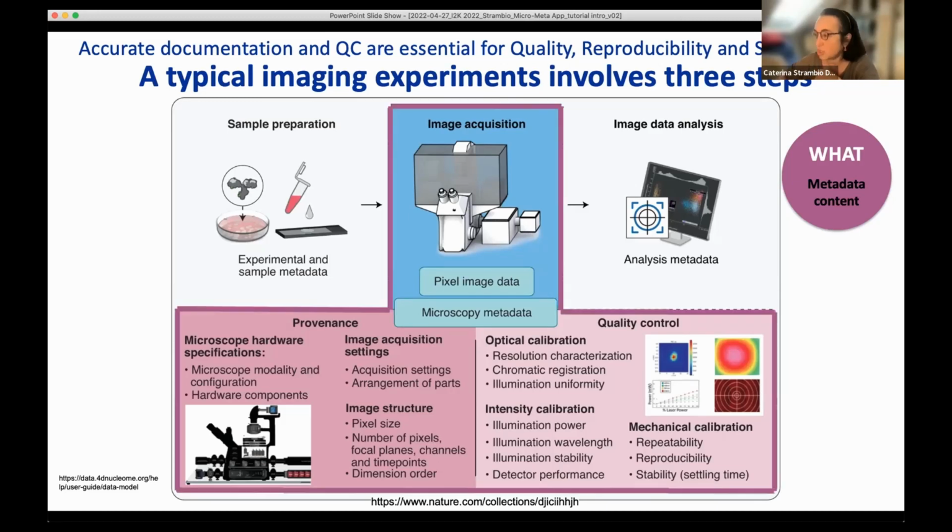So we are only concentrating on the microscopy metadata part of a larger set of metadata, which we call image metadata. This is just about describing the hardware of the microscope and the settings that were applied during the acquisition, and also, with QUAREB, quality control, metrics and procedure descriptions.